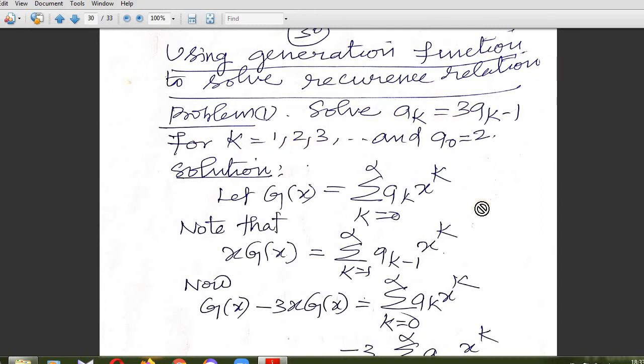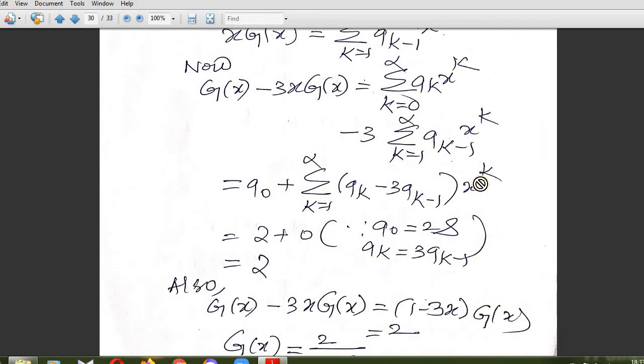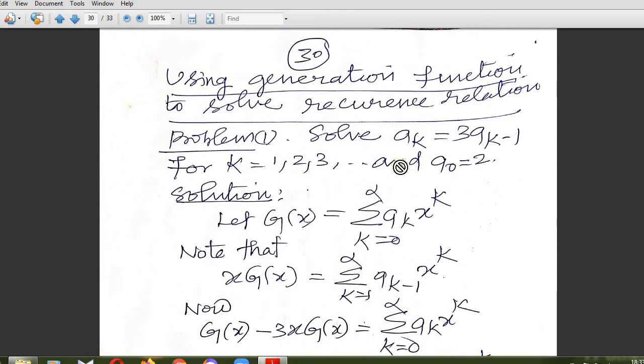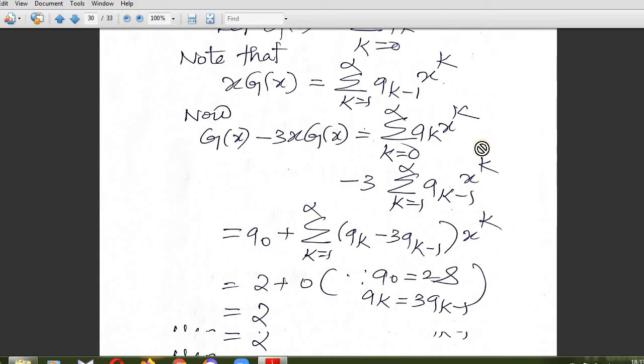So in place of a_0, I am putting 2 here. Now look at this. What is this? It becomes 0 here. How? Look at this: a_k equals 3 a_{k-1}. Bring this to this side: a_k minus 3 a_{k-1} becomes 0. Am I correct?